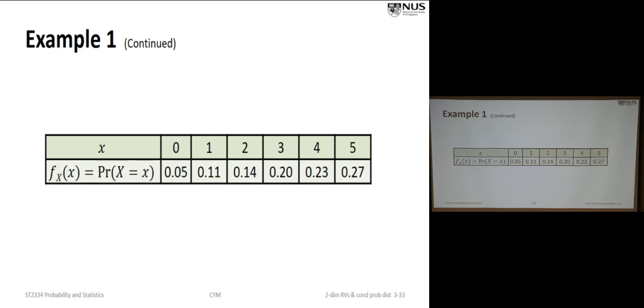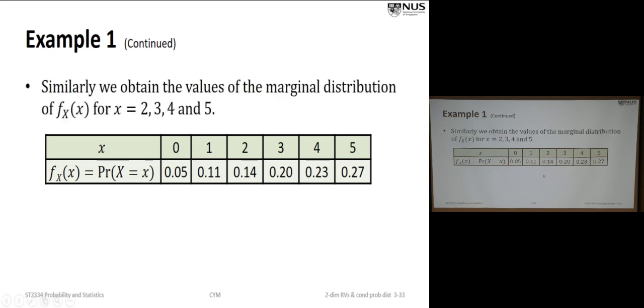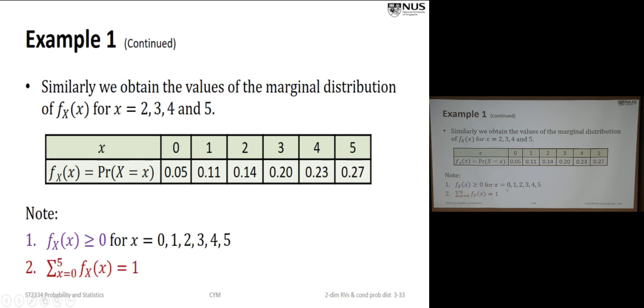And it's understood that outside this range, x cannot be negative. When we say cannot be, it means that the probability of x equal to a negative value, or x equal to a value greater or equal to 6, is also 0. So make sure you have all this.